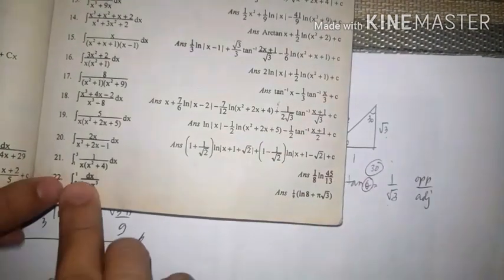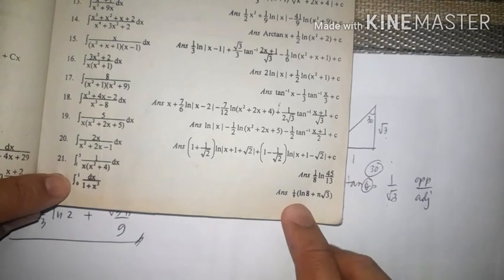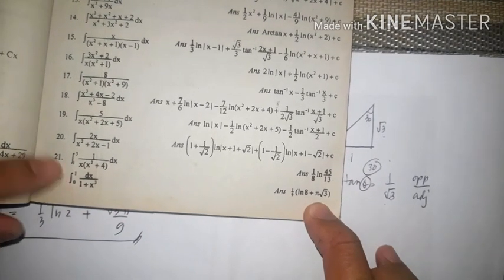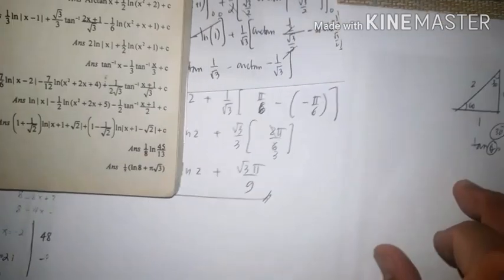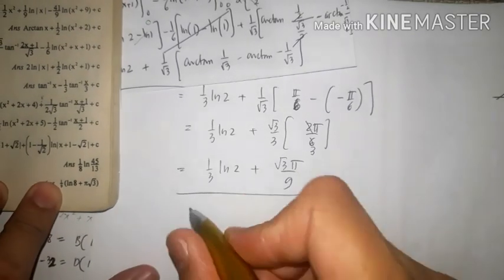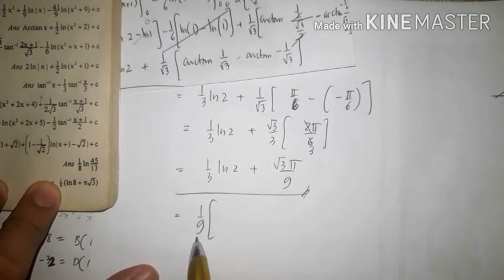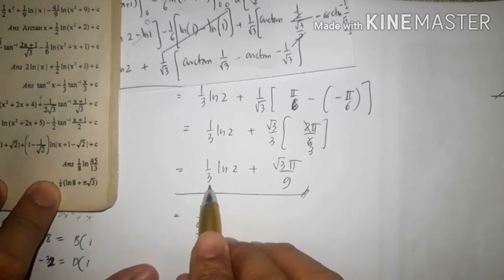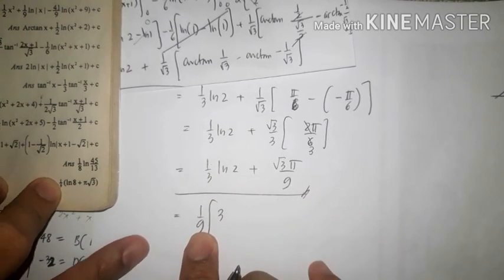The given is integral of dx over 1 plus x cubed from 0 to 1. So that's 1 over 9 times ln 8 plus pi square root of 3. Let us try to factor out 1 over 9 to get the answer. So factoring 1 over 9 out, 1/3 divided by 1 over 9, that's 3, the common factor.